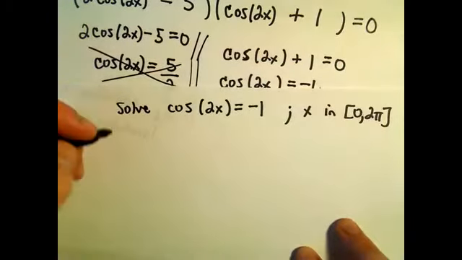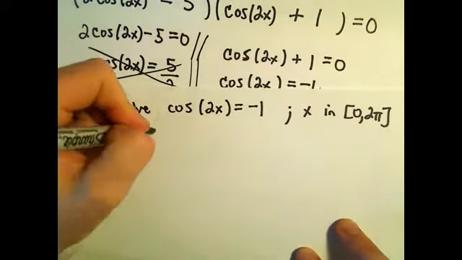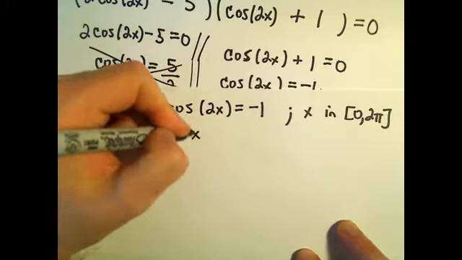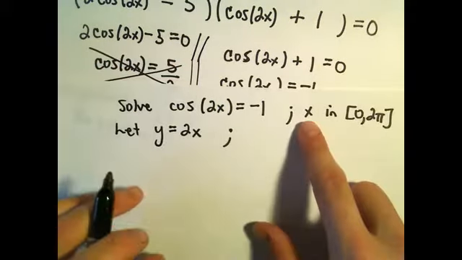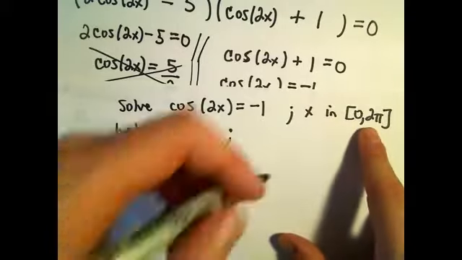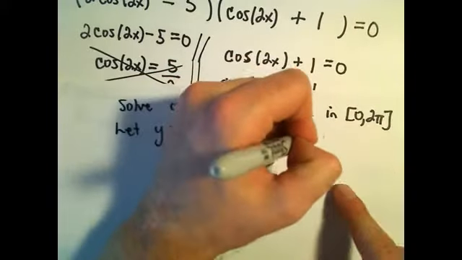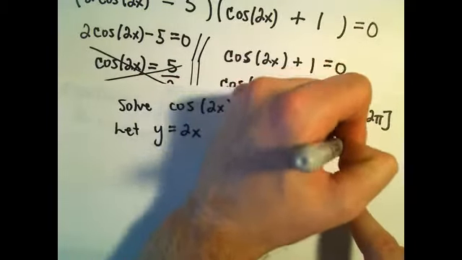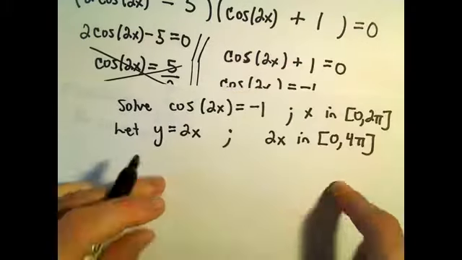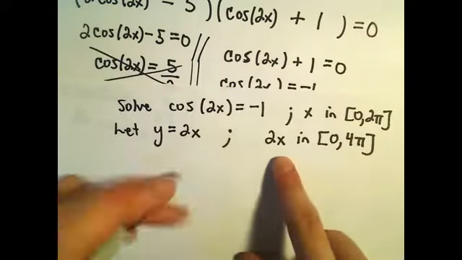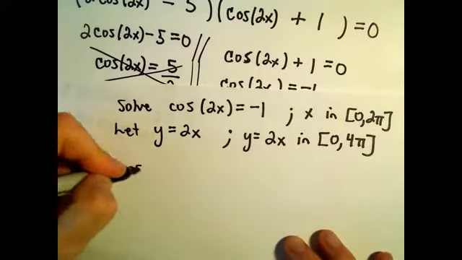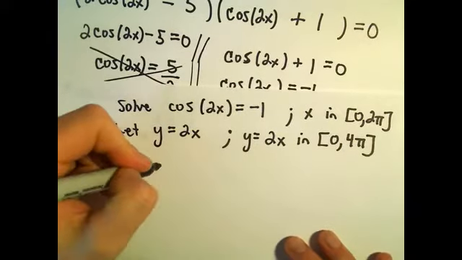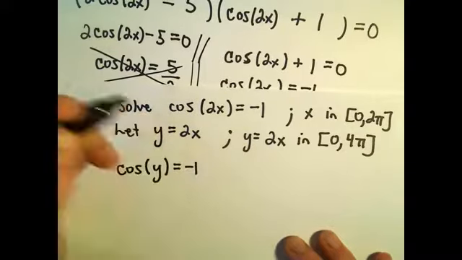Well, what I'm going to do is simply let y equal 2x. Then if y equals 2x, since x was in 0 to 2 pi, 2x would be in the interval 0 to 4 pi. I'm just doubling. So equivalently, we're going to find all solutions to the trig equation cosine of y equals negative 1.